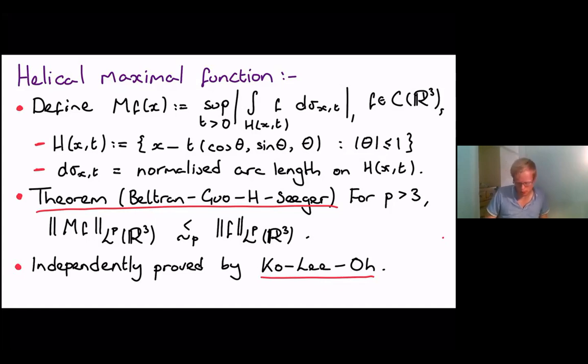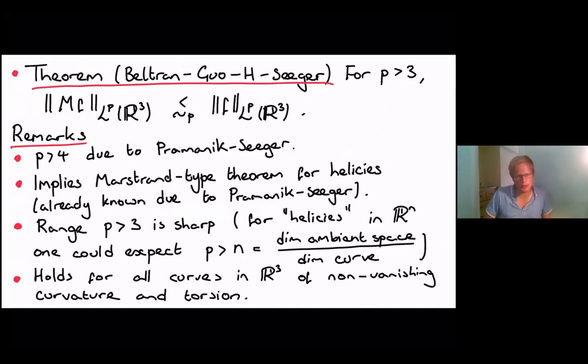Okie dokie. I want to make some comments about our theorem. I mentioned before there was an earlier work of Pramanik and Seeger. They managed to establish this bound, amongst other things, for p bigger than 4. So our contribution is to close this gap between 3 and 4. The theorem implies a Marstrand type theorem for helices.